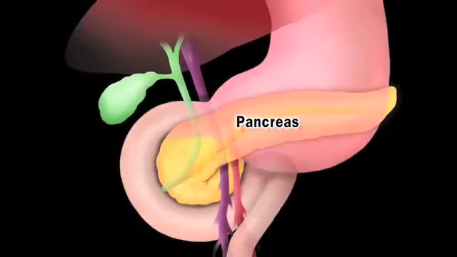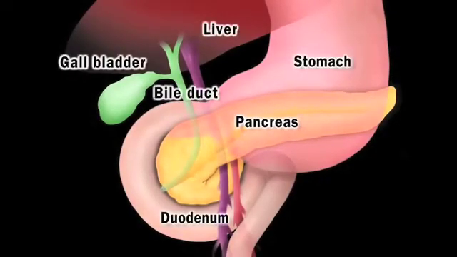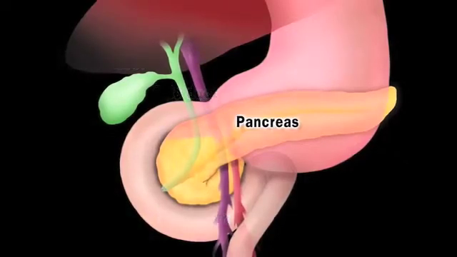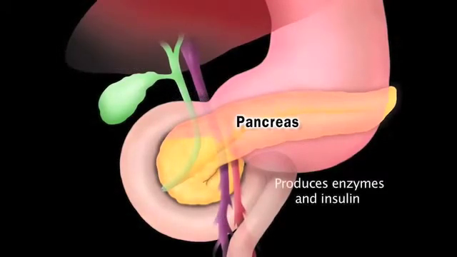It lies in the duodenum where it produces pancreatic juice. It has a beautiful orangey yellow colour to it, and it's soft, yet it is a very powerful organ because it makes enzymes which digest your food and also makes insulin to help you metabolize that food that you've digested.